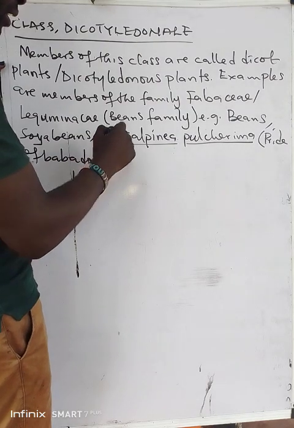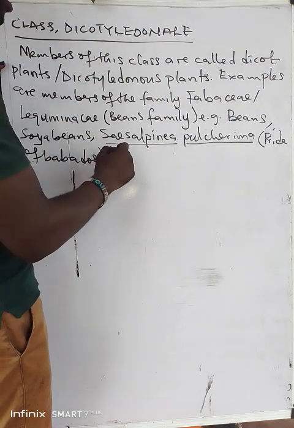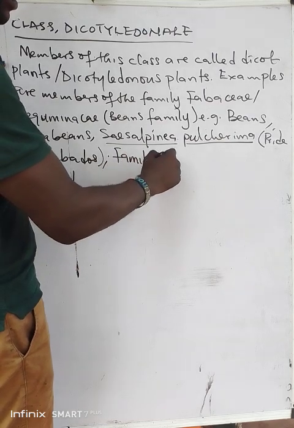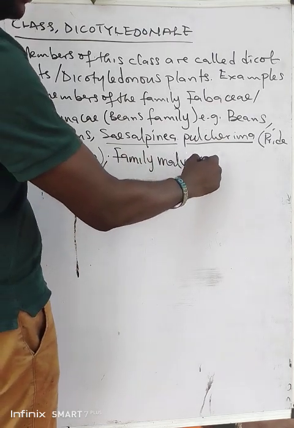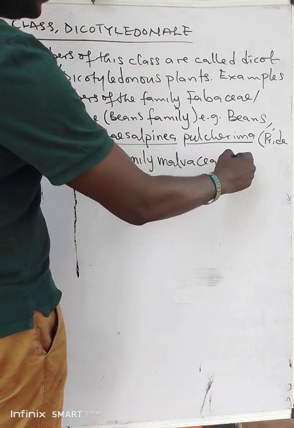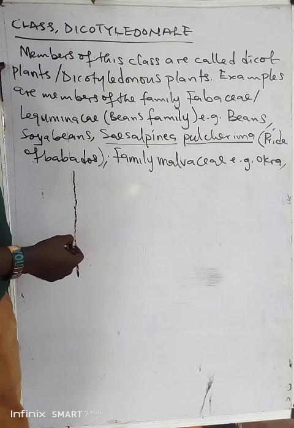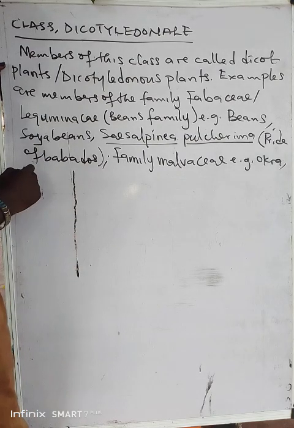Then it's not only that family. Family Fabaceae, Malvaceae. Family Malvaceae, e.g. okra, the okra, tomatoes.